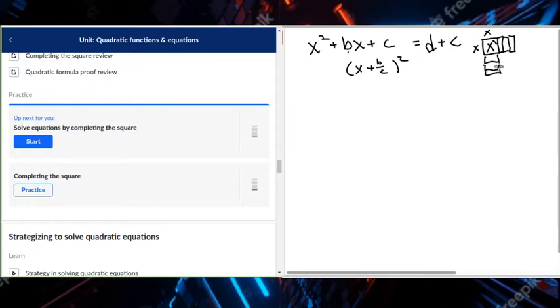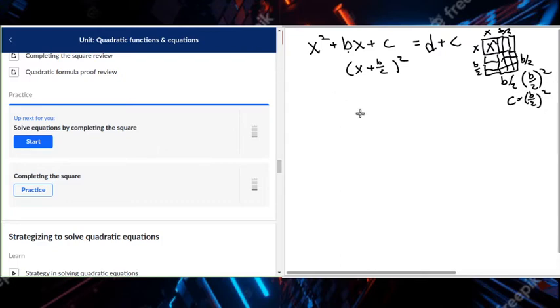So we have a total of b x's. We'll put b over 2 x's over here, and b over 2 x's over here, and then we have to figure out how much this is, and this is going to end up being b over 2 times b over 2, or b over 2 squared. So our c is going to be b over 2 squared.